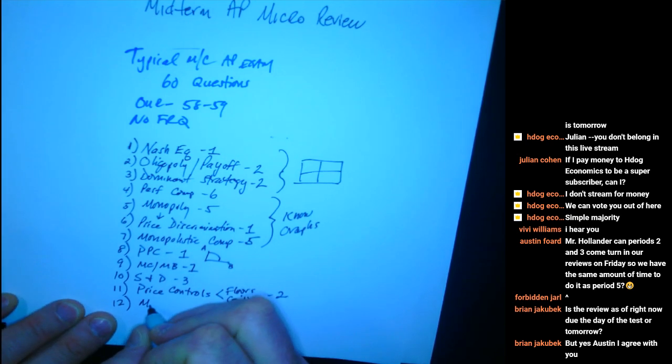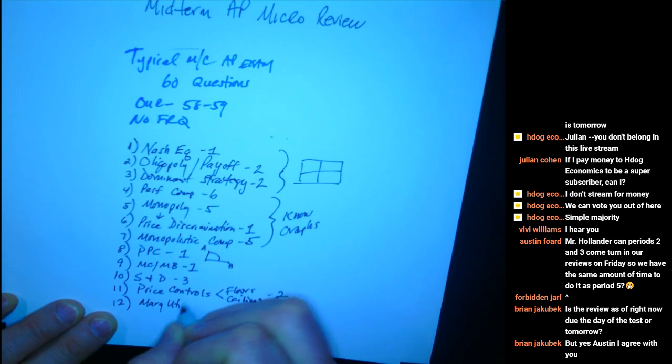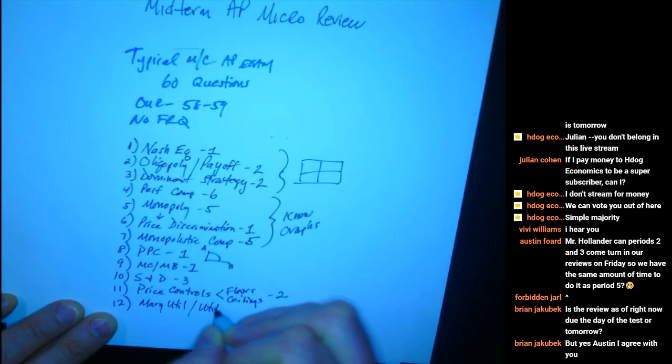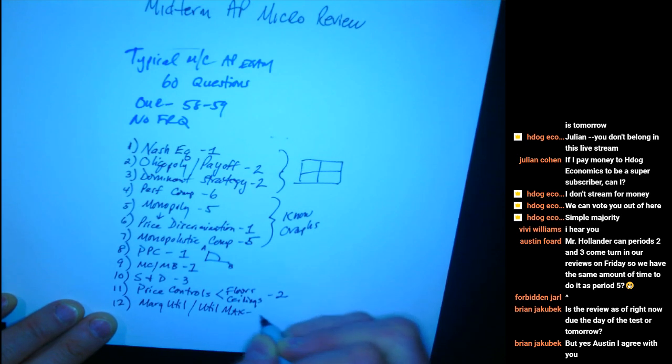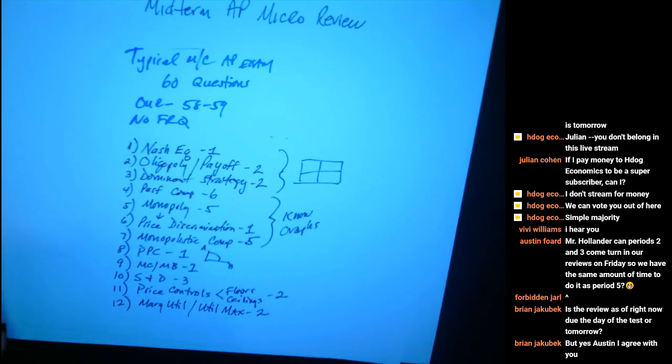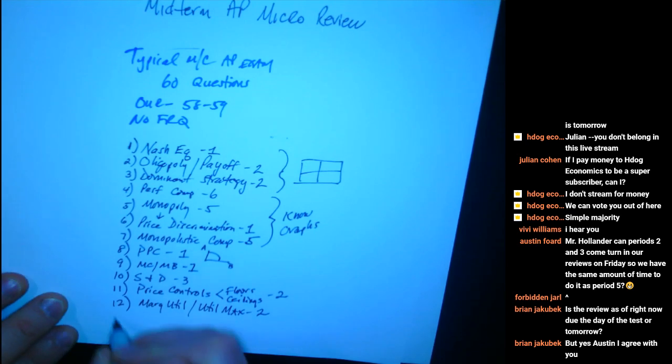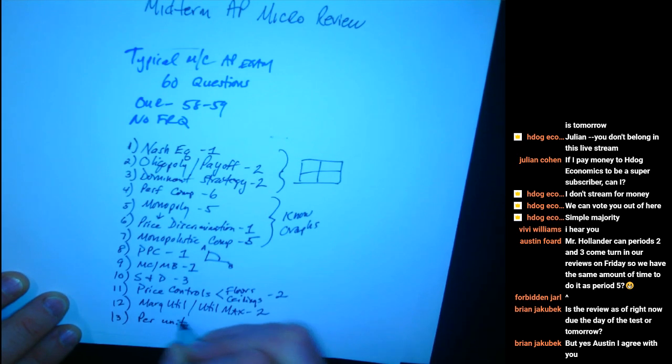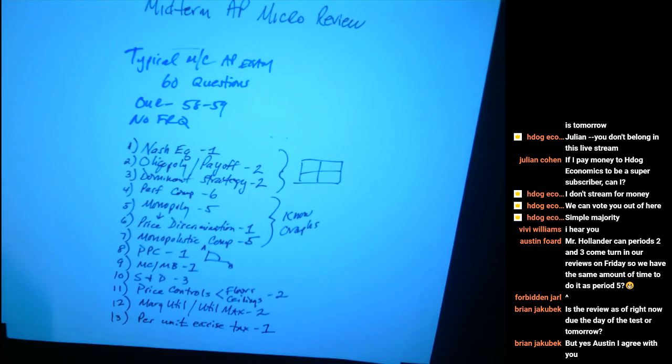Marginal utility, utility maximization. There are 2 questions with that. Per unit excise taxes. There's 1 question.